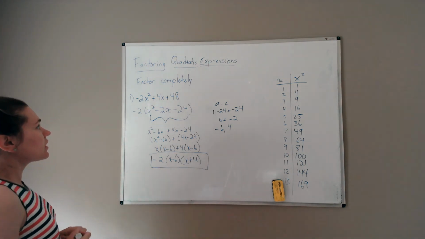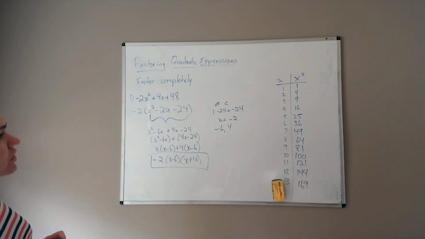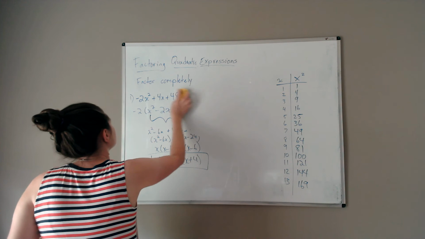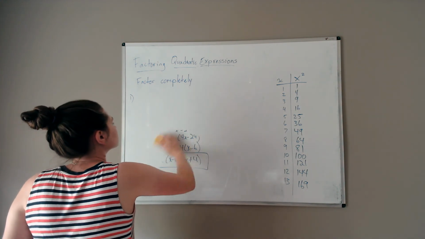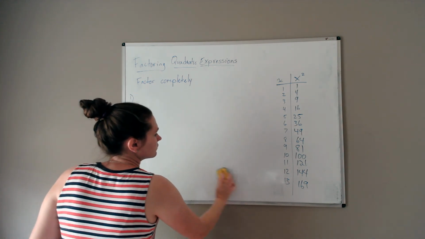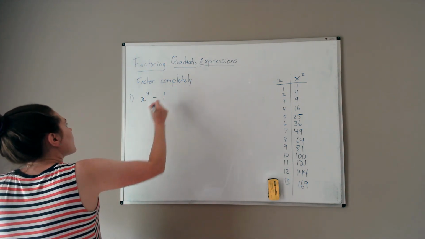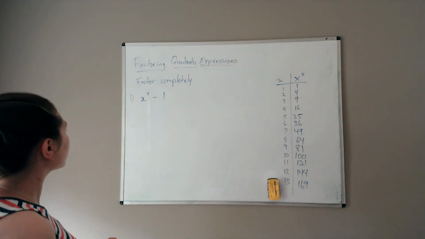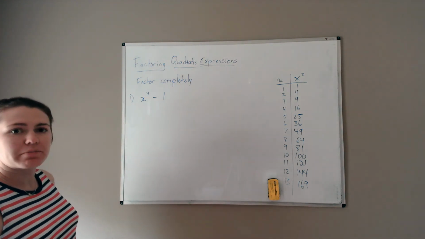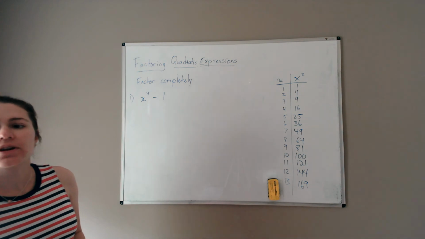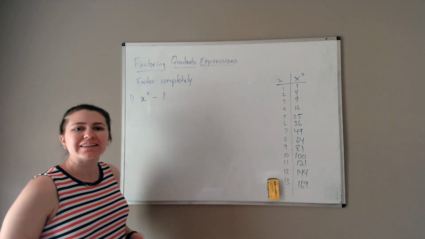So, let's do another one where we have to factor the expression completely. X to the 4th minus 1. Okay, this isn't a quadratic expression, but this is a factoring pattern we just went over, and I want to show you what's possible when you have to factor expressions completely.